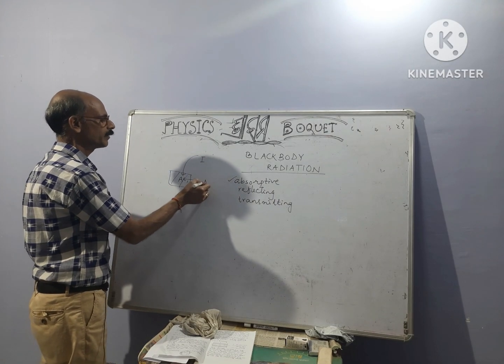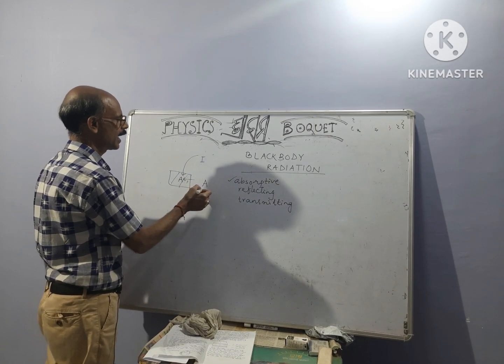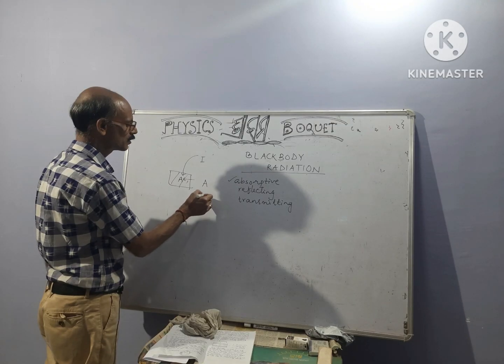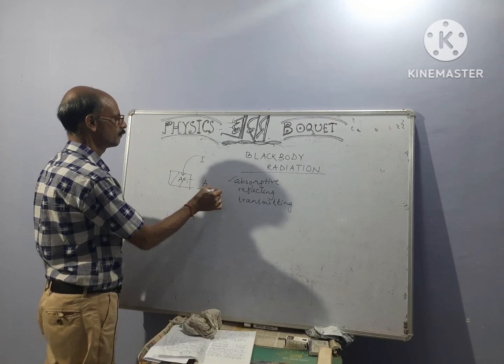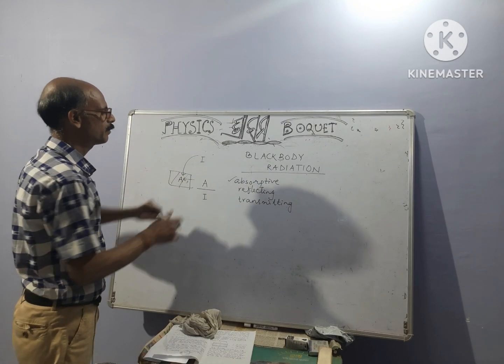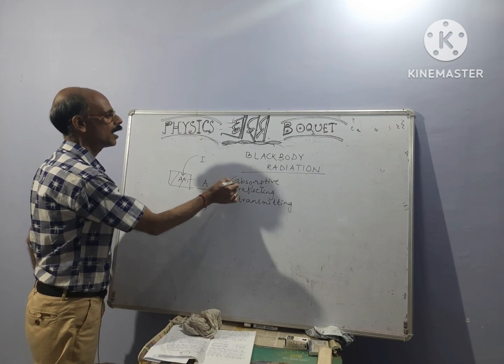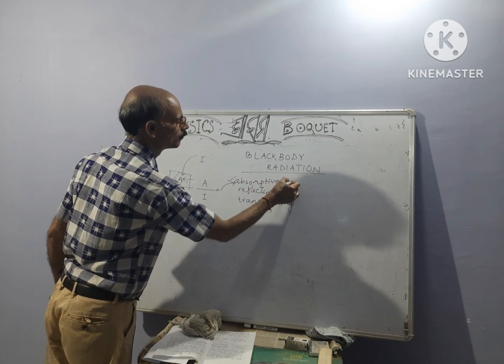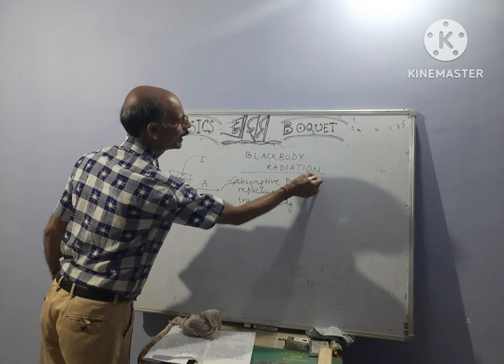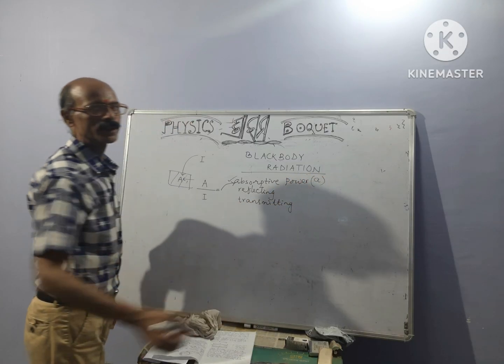So A amount of energy is absorbed and I amount of energy is incident. Then this A by I is known as absorptive power, and it is generally denoted by the letter A.